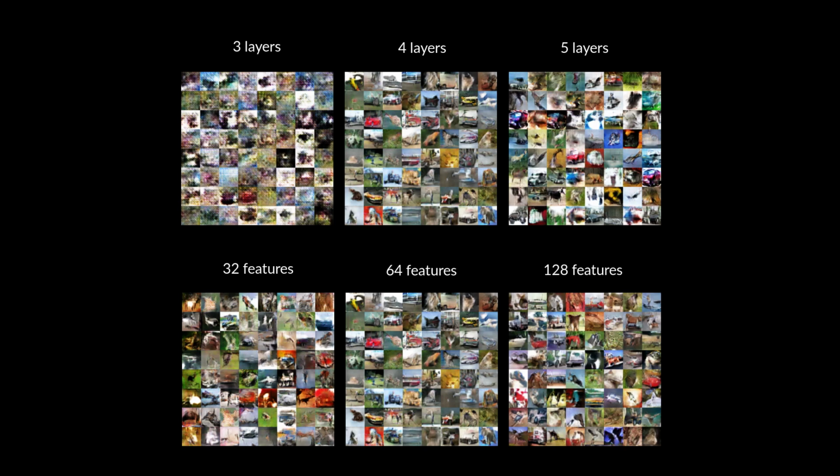The number of features refers to the number of filters in the final layer of the generator, with the second to last layer having 2 times more filters and the one before 4 times more, and so on. It seems that the more filters we have, the more detailed the results are. For subsequent experiments, because of hardware constraints, I have used 4 layers and 64 filters on the final layer.